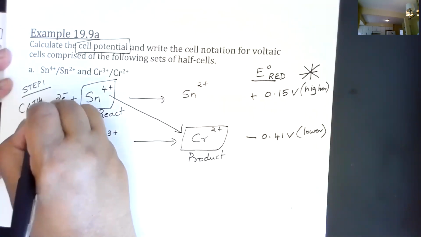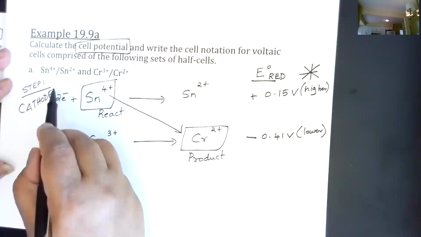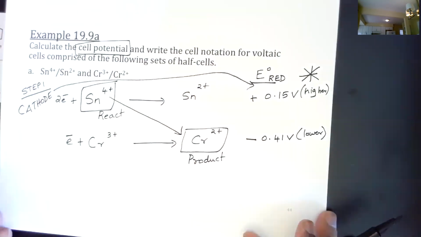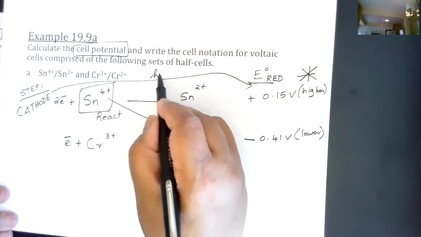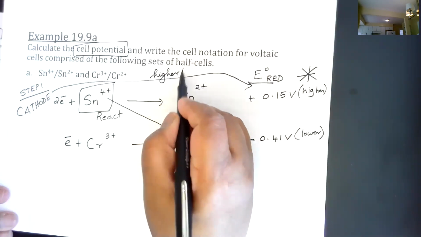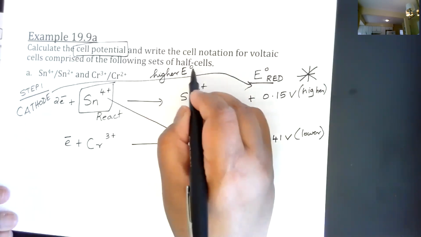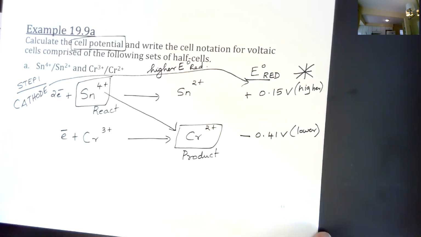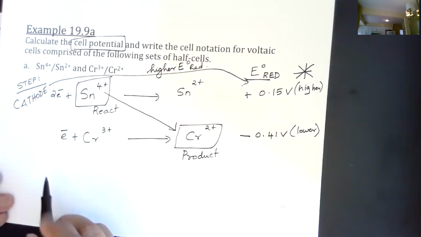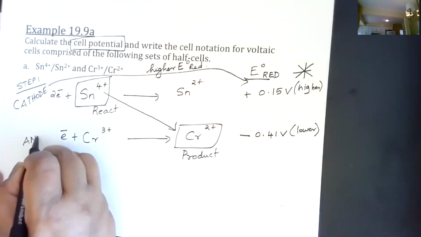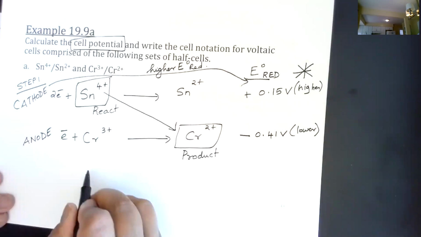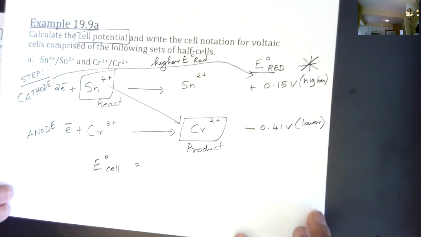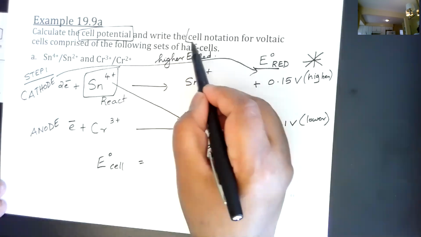And then the cathode is the one with the higher E0 reduction. And this becomes your anode. Can you calculate E0 cell and tell me if you get a positive value? And then write the cell notation.